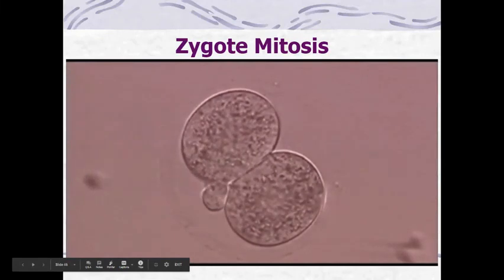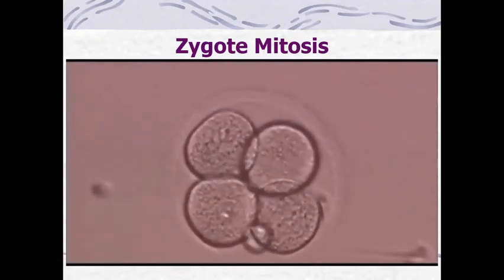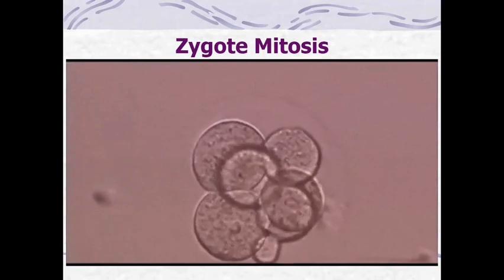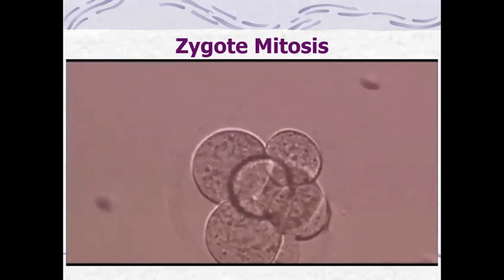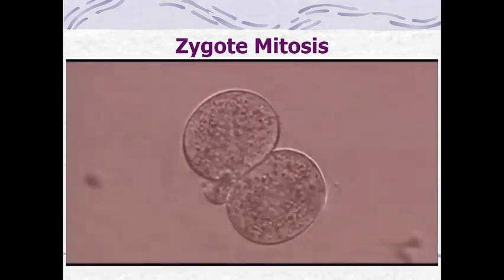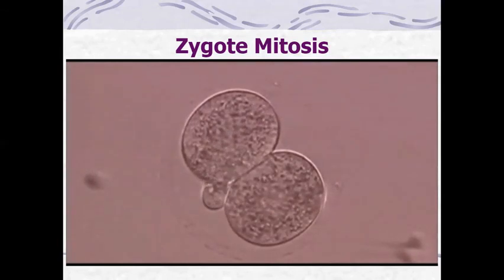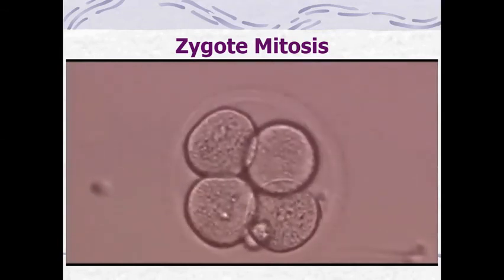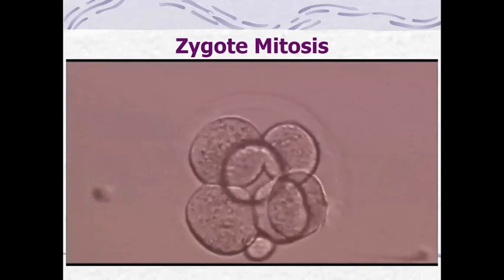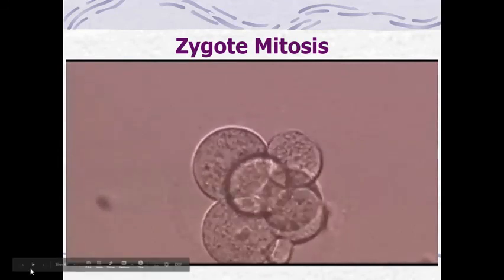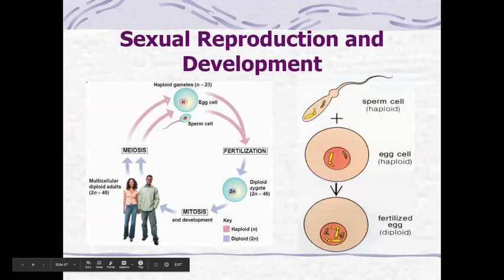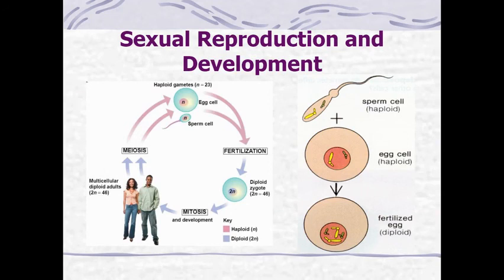And this is just showing a zygote going through mitosis, cells actually dividing. And this is just showing that cyclical connection that we have between mitosis, meiosis, and fertilization.